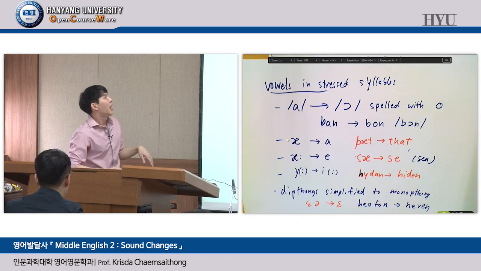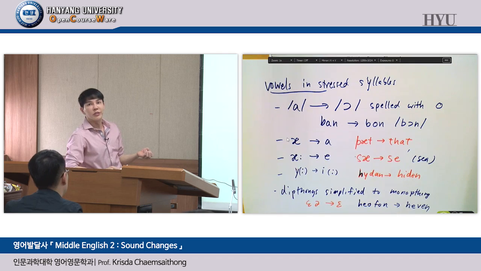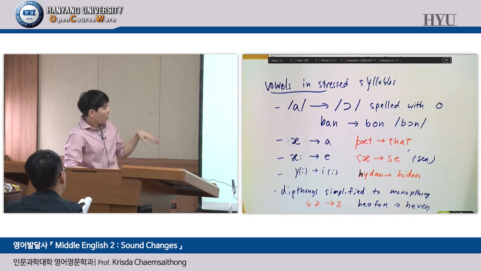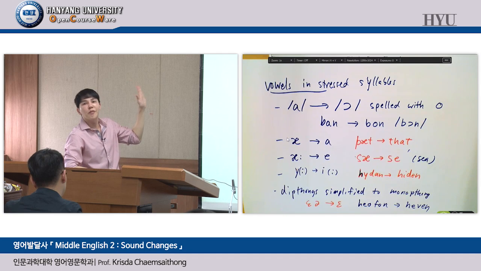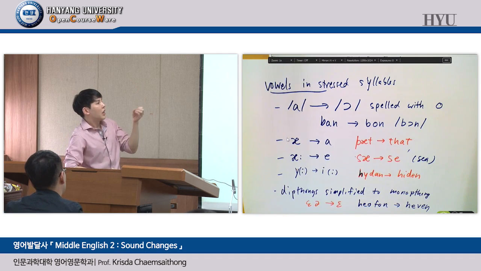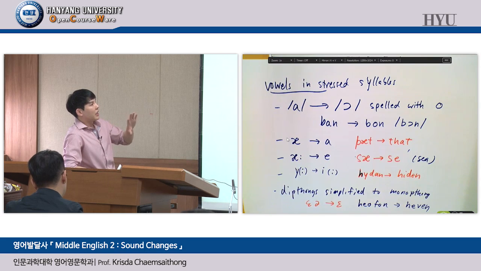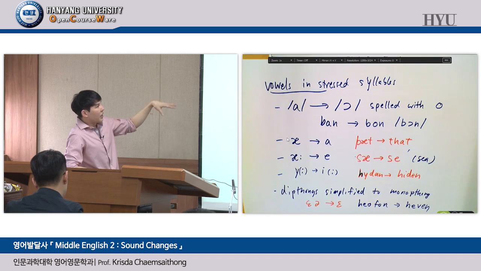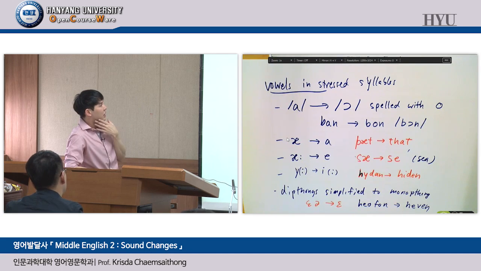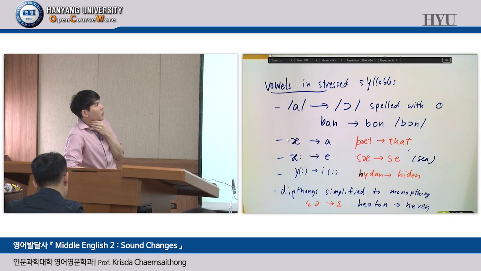So we talked about that. Now, vowels in stressed syllables, only maybe 1, 2, 3, 4, 5 major changes, right? On the slides, this might look very scattered, so I rearranged everything here on this note sheet. The first one is the short ah sound, right?